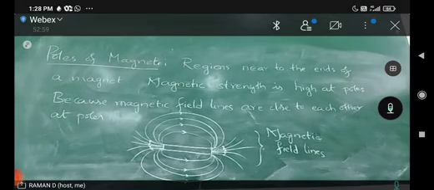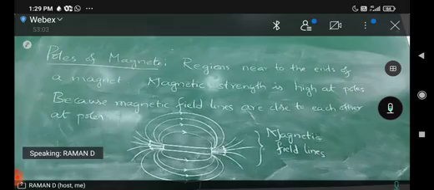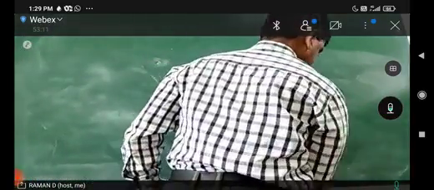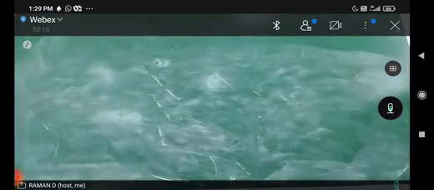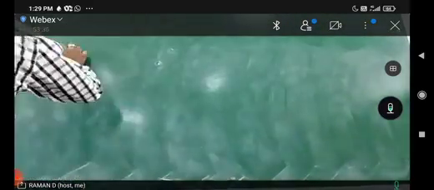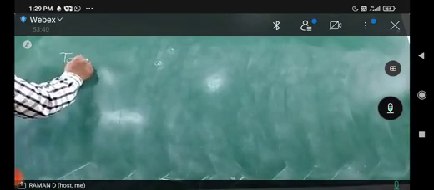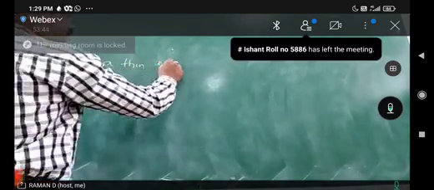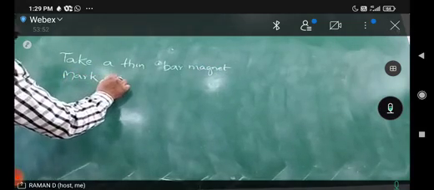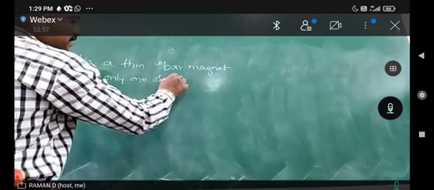You need to take a thin bar magnet, mark only one of its poles.